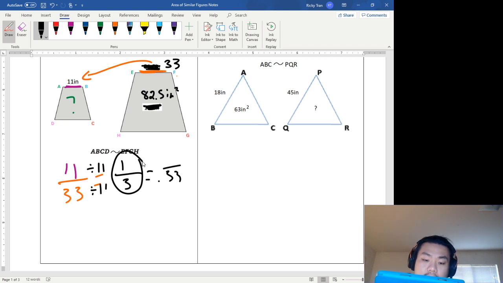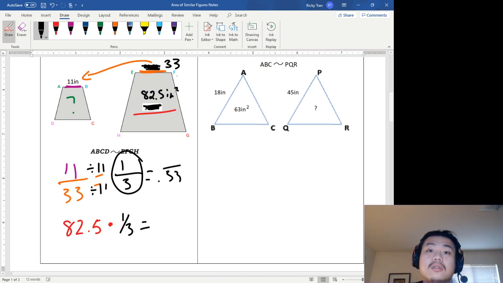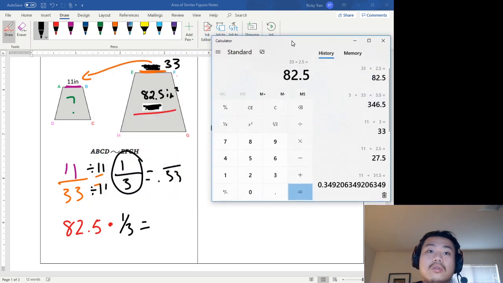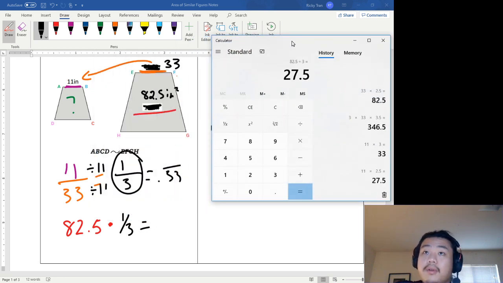Okay, and so we take 82.5 and we multiply it by 1 over 3, which will give us 82.5 divided by 3, 27.5.